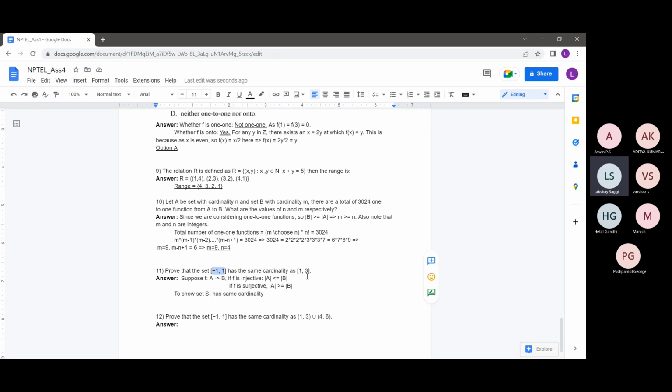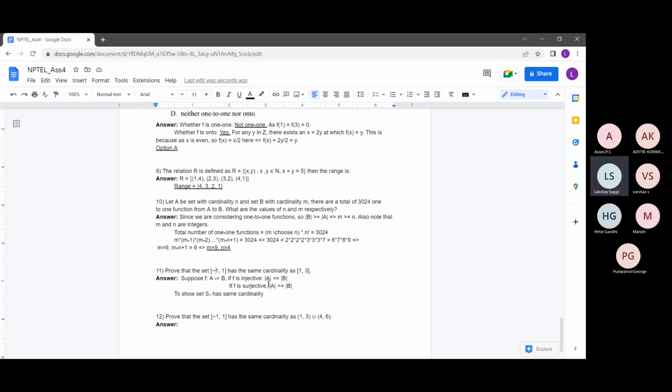So in these types of questions, you need to go through the definitions of cardinalities. If I can define an injective function from -1 to 1 to 1 to 3, then the cardinality of this set is less than or equal to the cardinality of that set. And similarly, if I define another injective function the other way, then the cardinality of that would be less than or equal to the cardinality of this.